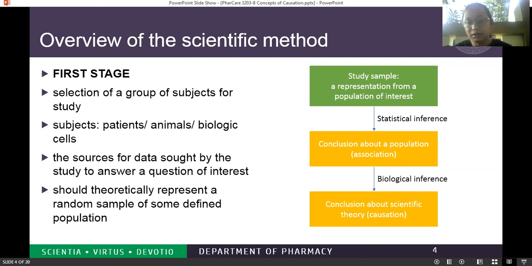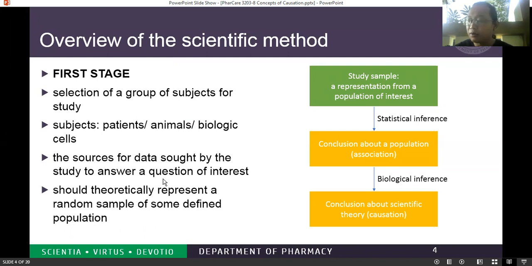It is mostly impossible to gather all members of the population of interest. So we just take some sample and make a conclusion from them as a kind of proxy, as a conclusion for the population.